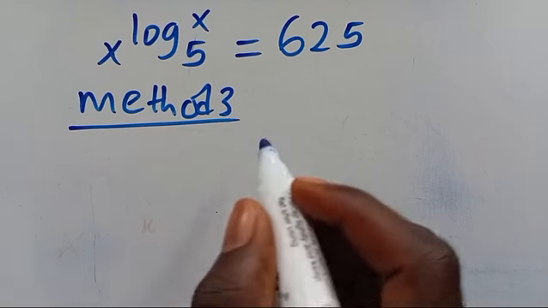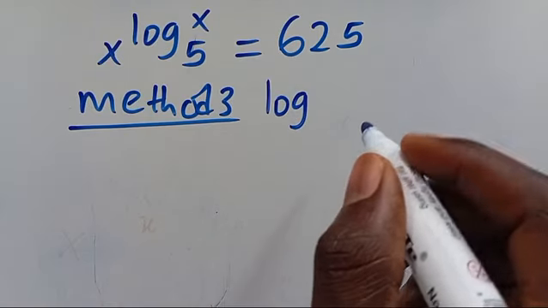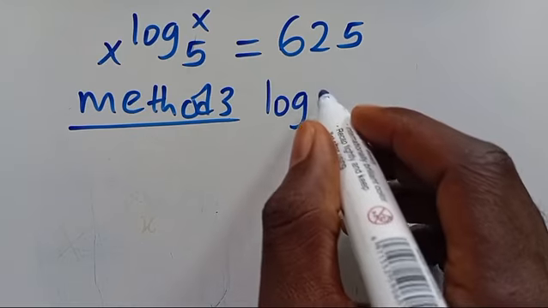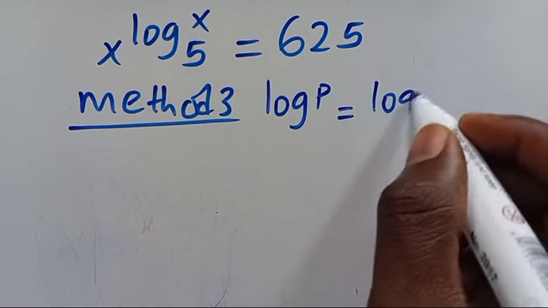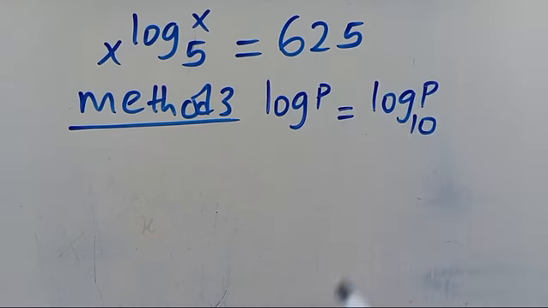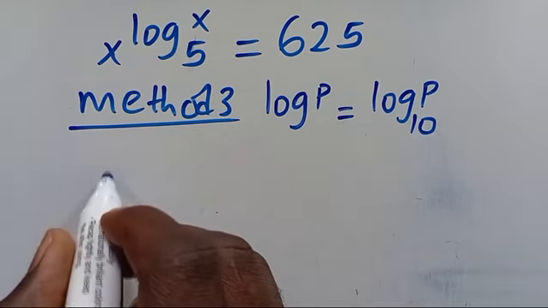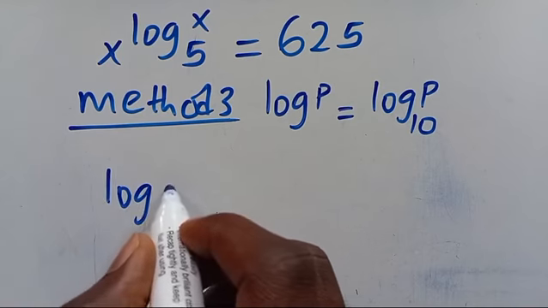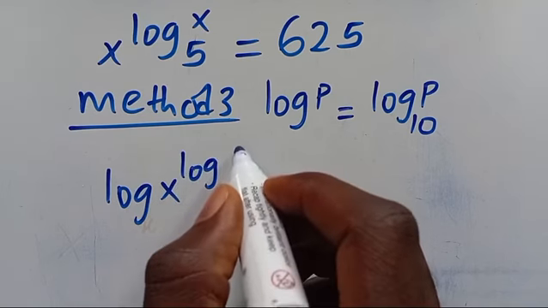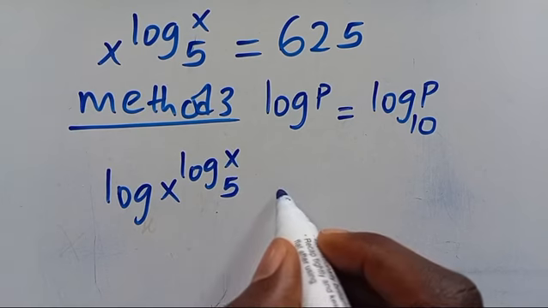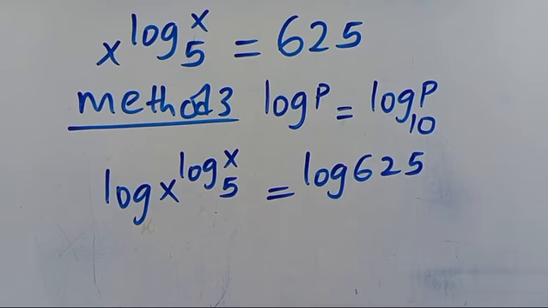To take method 3, let's introduce common log to both sides. And what we mean by common log is that when we have log p in common log, it equals log p to base 10. This is what we refer to as common log. So when we take the common log of both sides, we have log of x to the power of log x in base 5, also equals log 625.